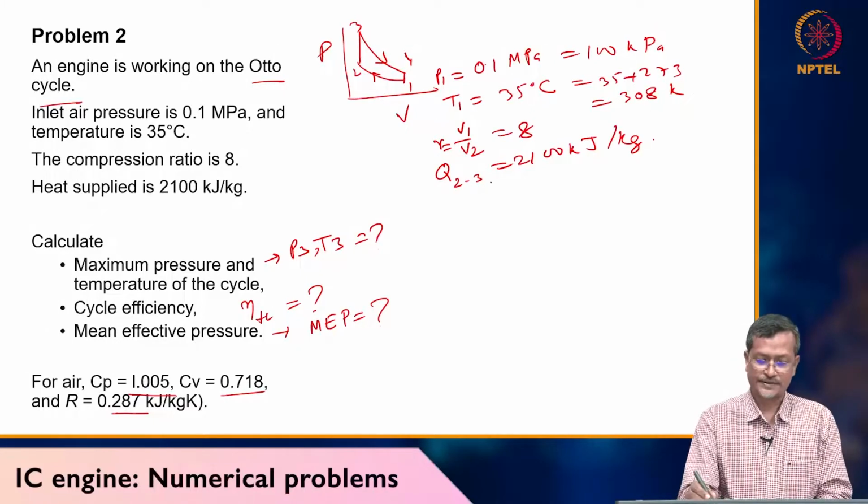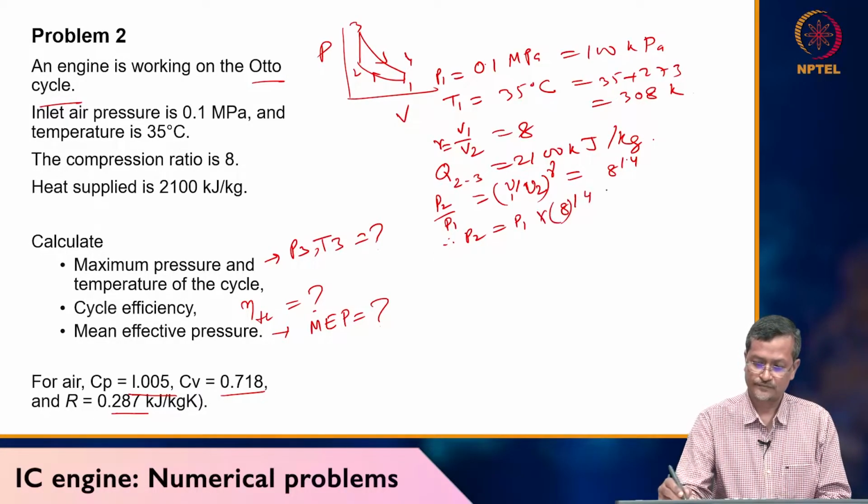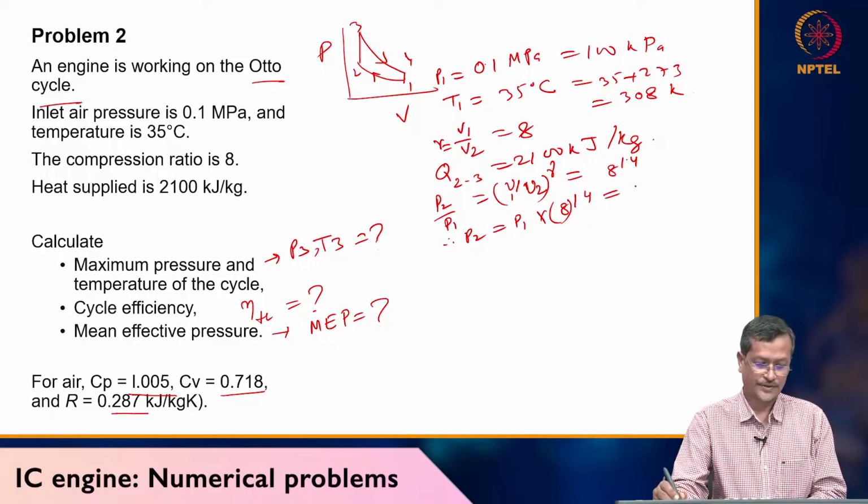So P1 is 100 kilonewton per meter square, and Q1 is also given, 2100. P2 by P1 equals V1 by V2 to the power gamma, equals 8 to the power 1.4. Therefore P2 equals P1 into 8 to the power 1.4.